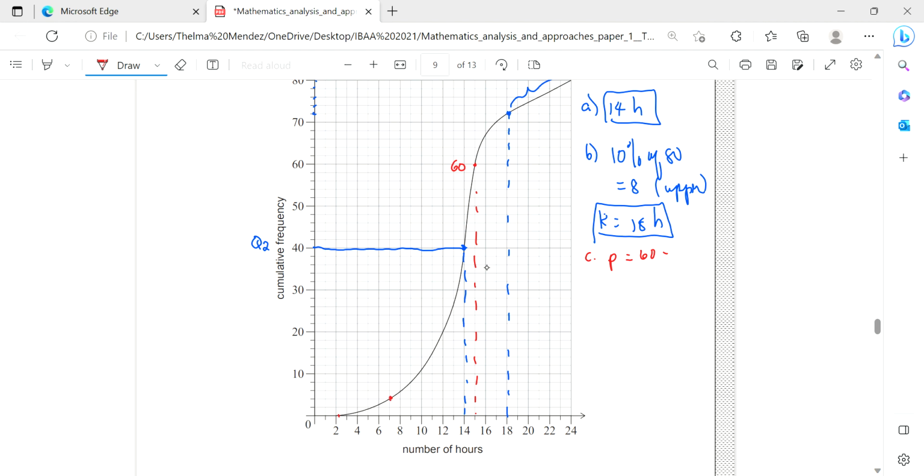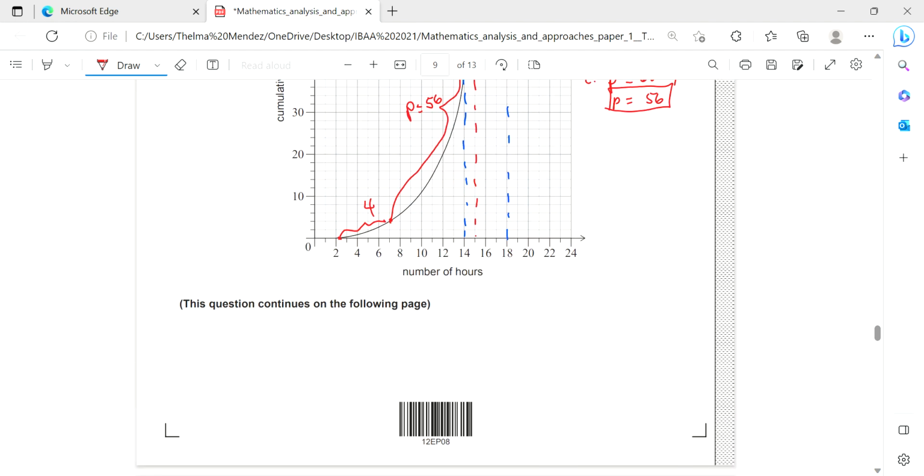You subtract this part, 4, so P equals 56.